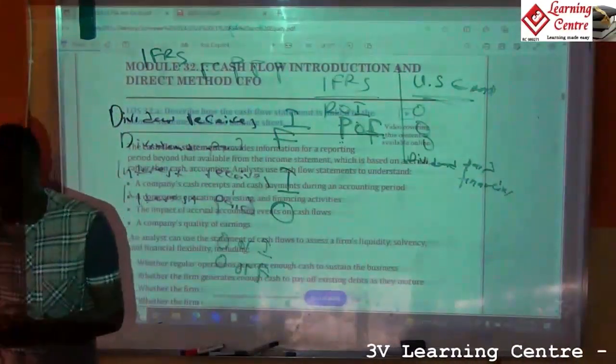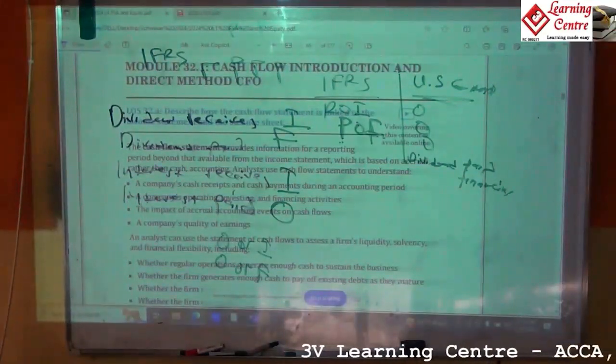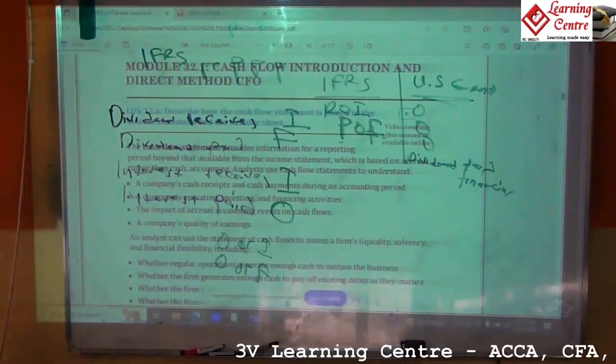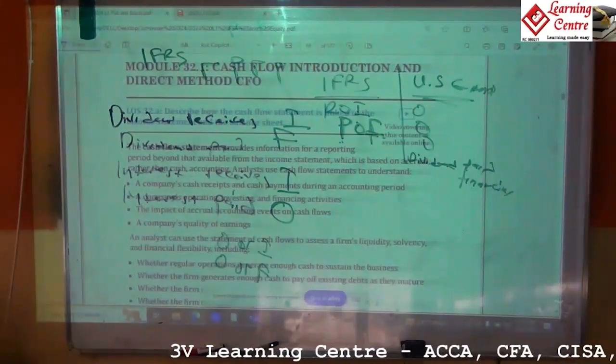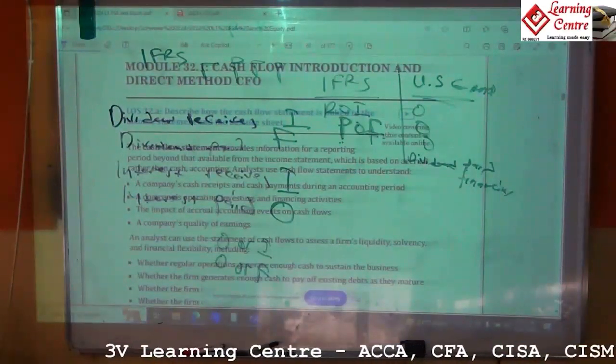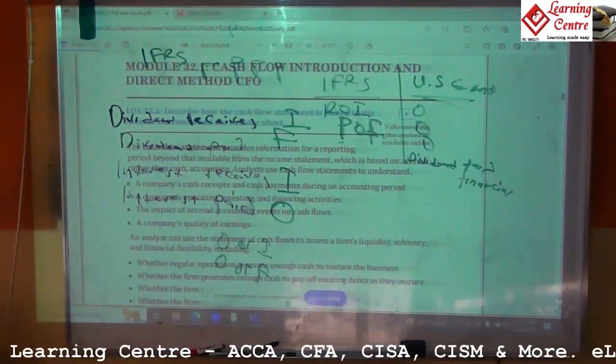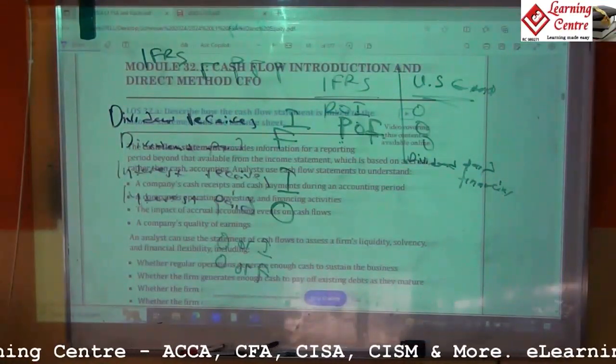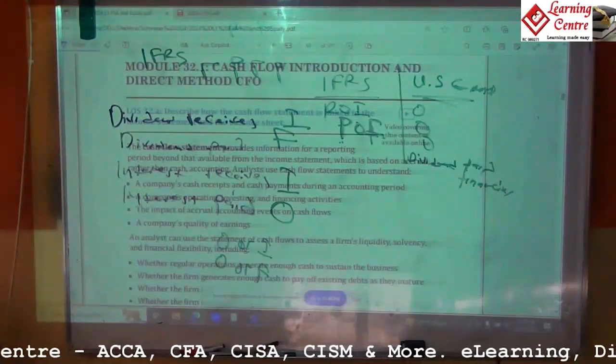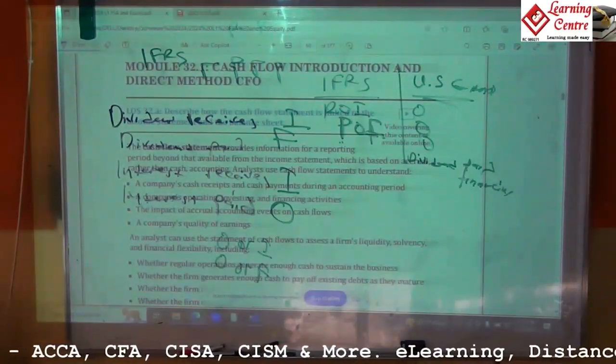Everything is categorized under operating except dividend paid, which is under financing. Under IFRS, dividend received or interest received can either be operating or investing, while dividend paid or interest paid can either be operating or financing.